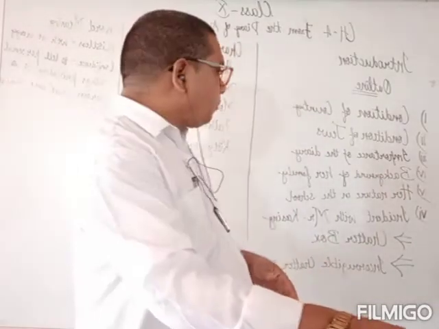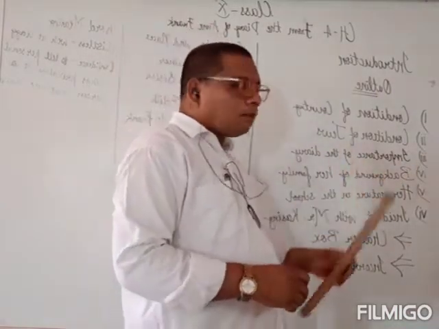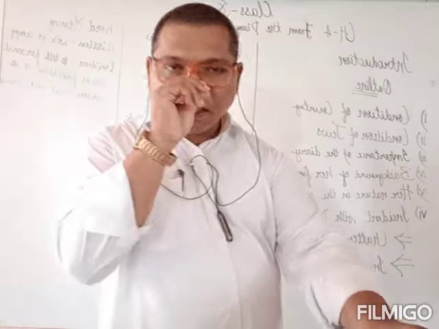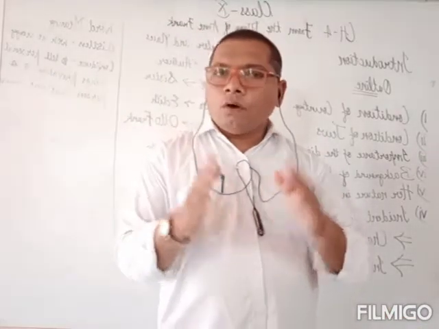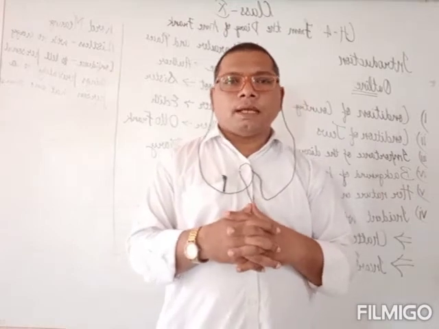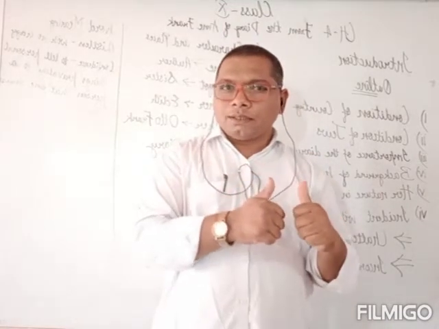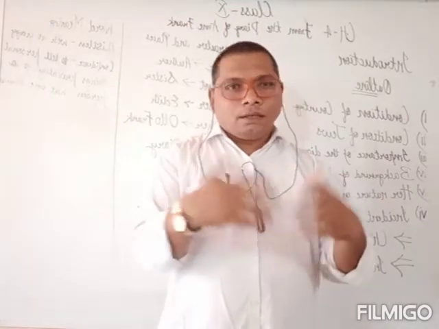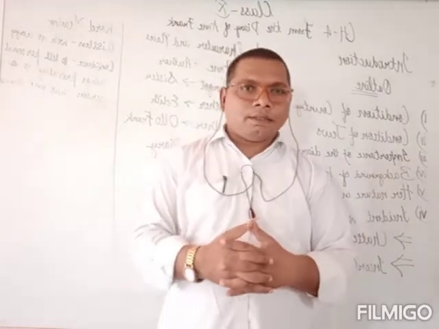Then the second point is the condition of Jews. What is Jews? Jews is the name of a religion. Like myself, my name is Mr. P. J. Titus, so you can understand from my title that I am a Christian man.